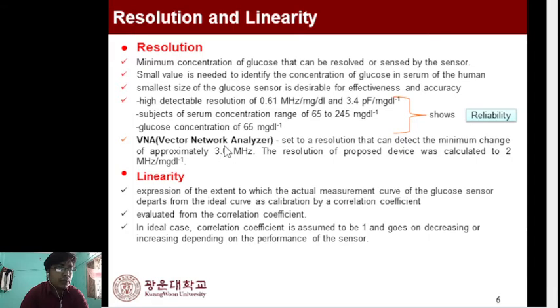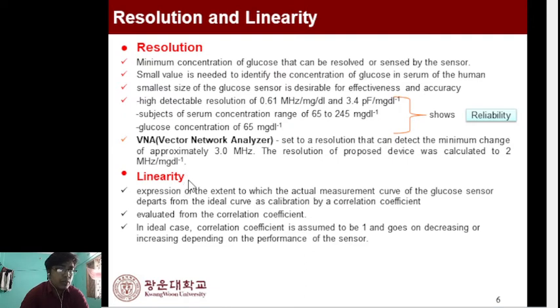Basically, the vector network analyzer sets a resolution that can detect a minimum change of frequency of approximately 3 megahertz, and the resolution of the proposed device was calculated as 2 megahertz per dl.